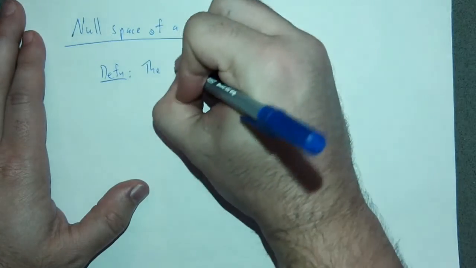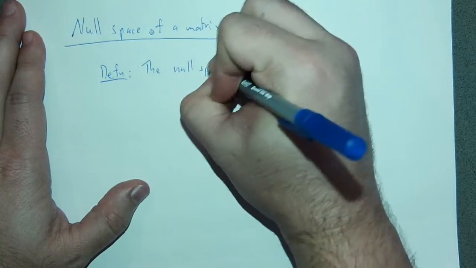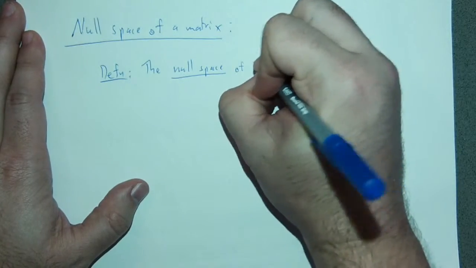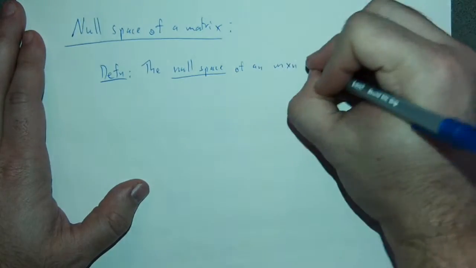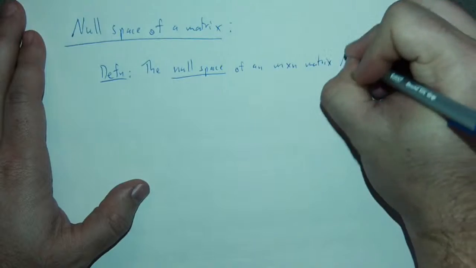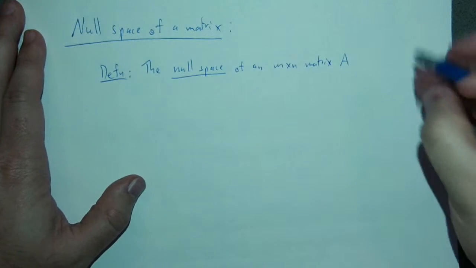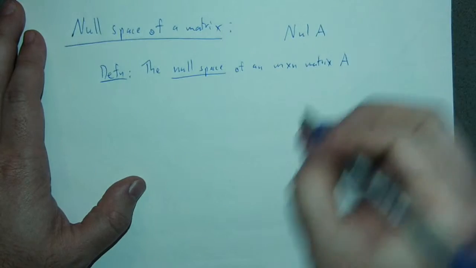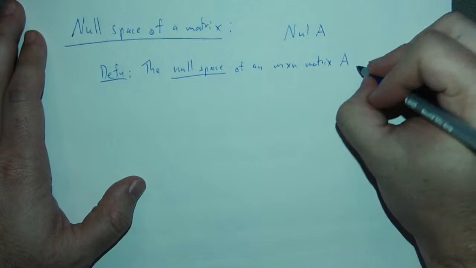So the null space of an M by N matrix A is written as null A. That's how we write the null space.